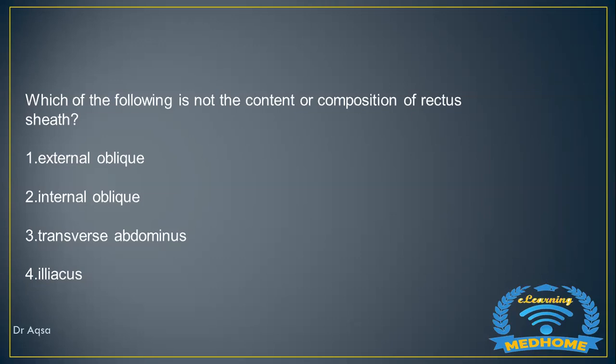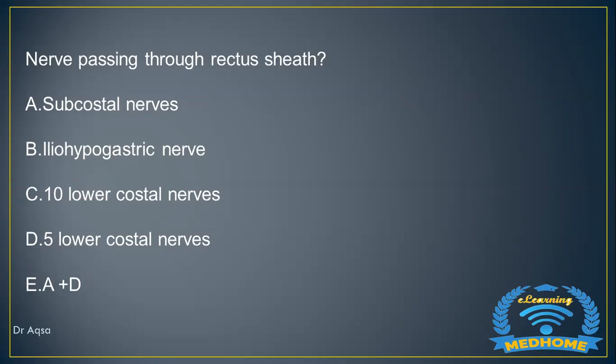So go for the next question also. Nerve passing through rectus sheath. A. Subcostal nerves. B. Ilio-hypogastric nerves. C. 10 lower costal nerves. D. 5 lower costal nerves. Ma'am, A and D. E. I'm not sure.